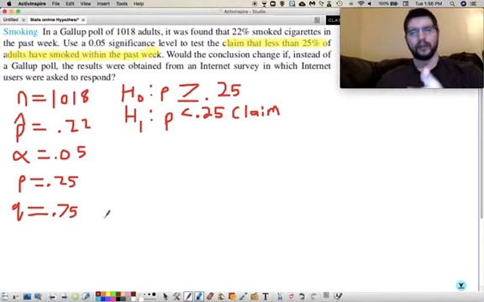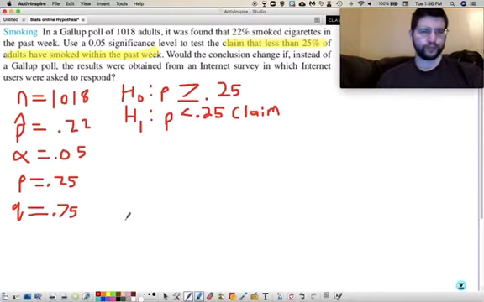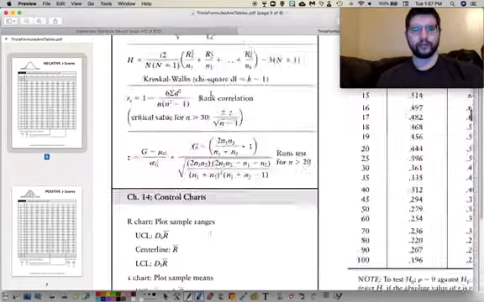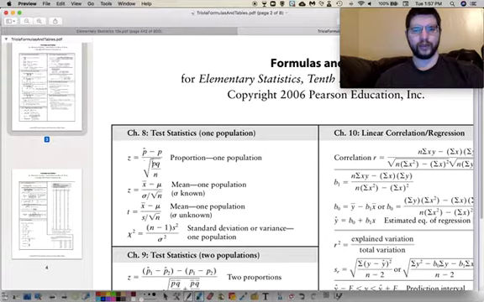Same process, find the test statistic, find the critical values, graph it, see what's going on. So let me go ahead and grab the test statistic. 0.22 minus 0.25 over square root. Again, this is just using our formula sheet right here.